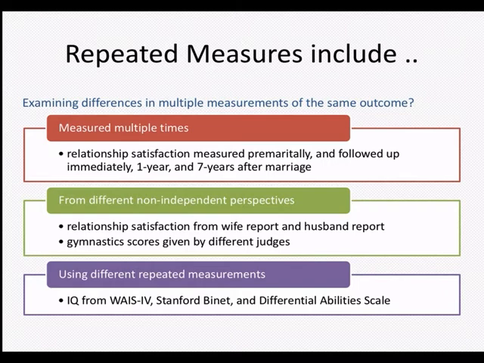Their scores are not independent of each other because they're in the same relationship. That's different from asking different husbands about their own relationship satisfaction. That would be independent. My marriage satisfaction would be independent of Garrett's marriage satisfaction. But my marital satisfaction is not independent of my wife's marital satisfaction. Does that make sense? It's that shared variance that makes repeated measure the analysis to use.